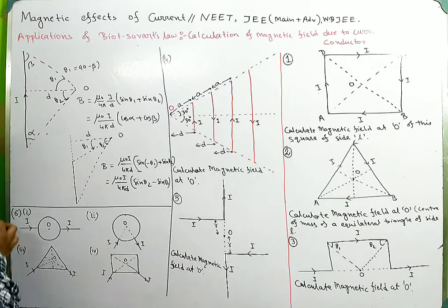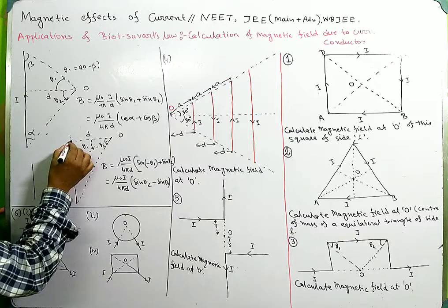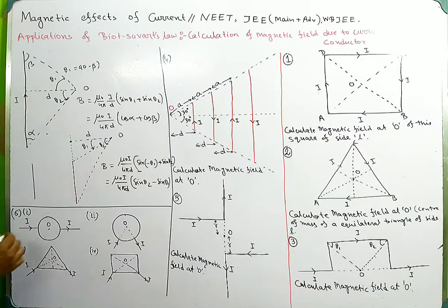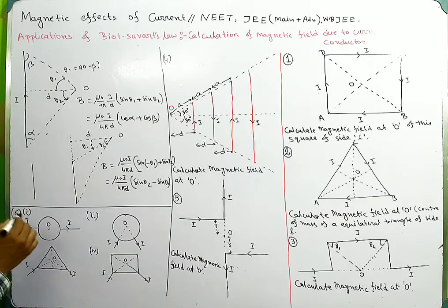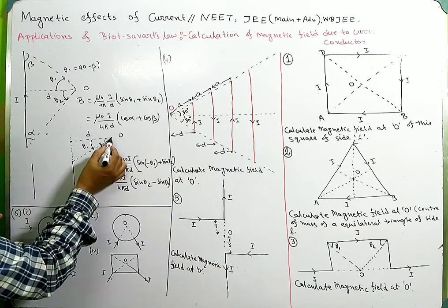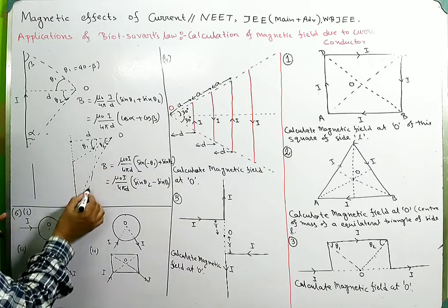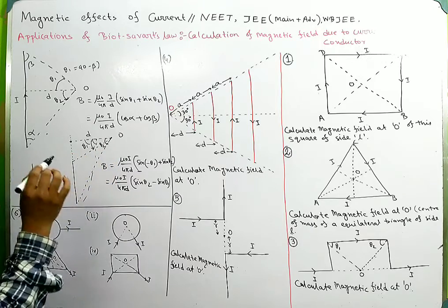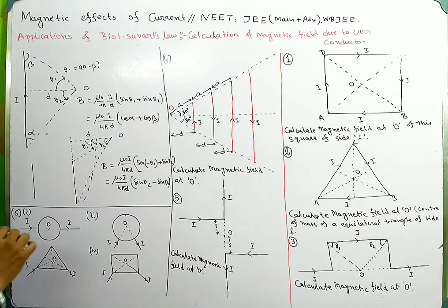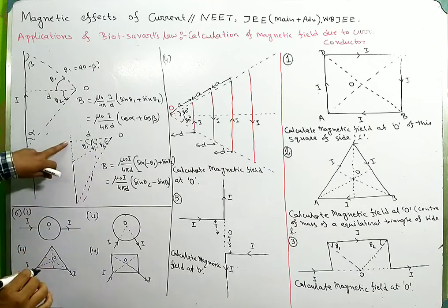Now, if this point becomes here, then both the angles theta 1 and theta 2 will be 90 degrees. If I move this point, in this case the angle will be greater. So theta 1 and theta 2 will be 90 degrees if this point is moved to this point.